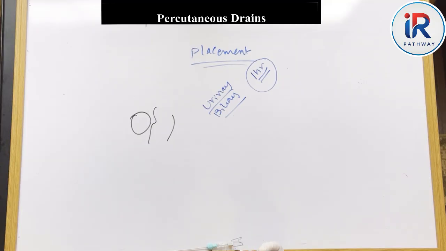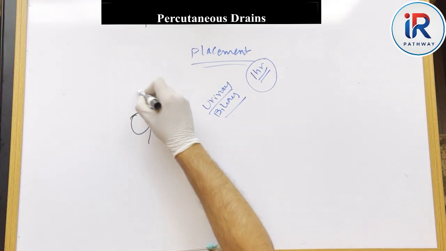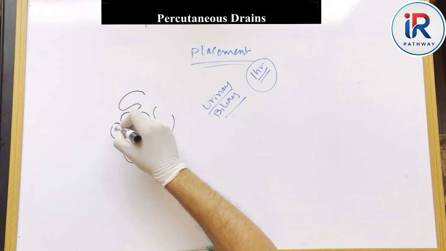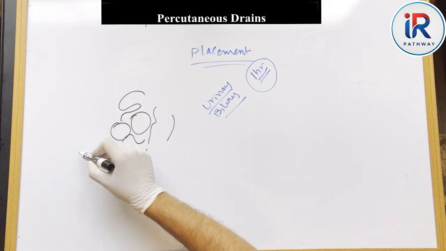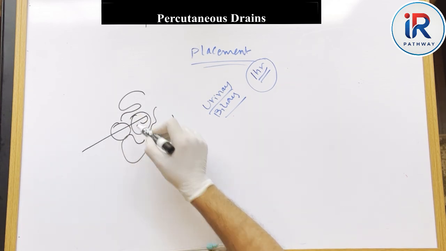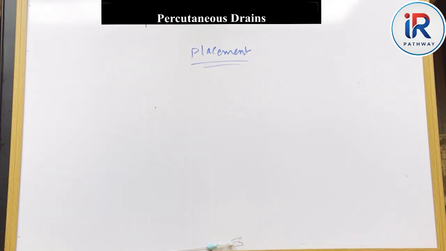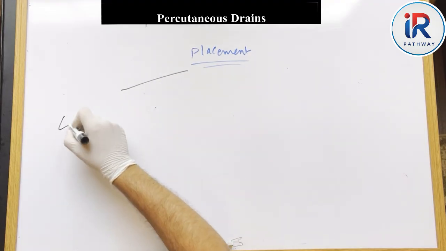It's usually easier and more convenient than CT, but if the collection is surrounded by bowel loops like this, with only a very narrow safe window, then CT guidance is the better option, as it shows the full anatomy and allows safe planning.